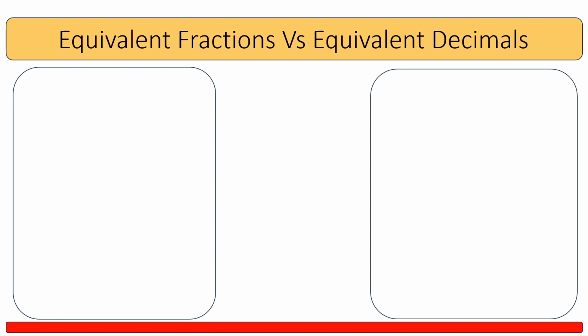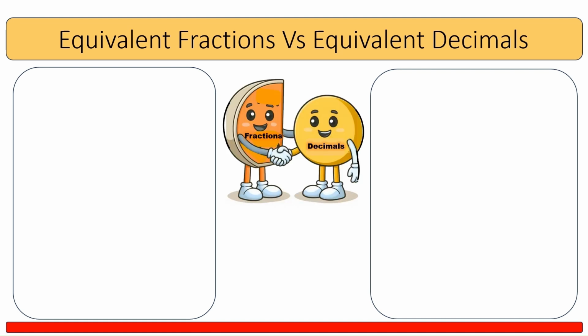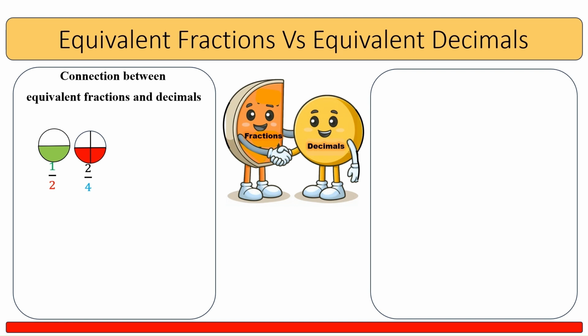When learning about equivalent decimals, how can we forget equivalent fractions? Both go hand in hand, just like a fraction and a decimal shaking hands. Recall what you have learned about equivalent fractions: 1 by 2, 2 by 4, 3 by 6 and 4 by 8. All these are equivalent fractions, and after this comes 5 by 10.